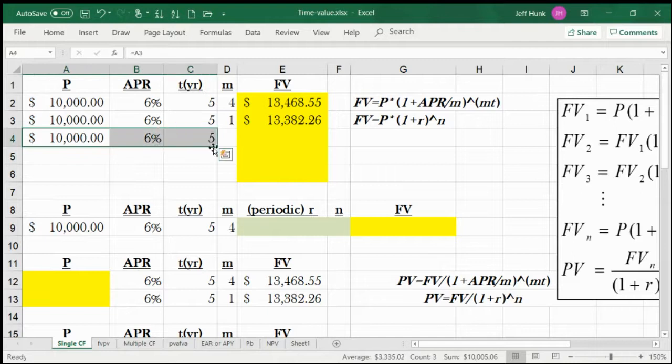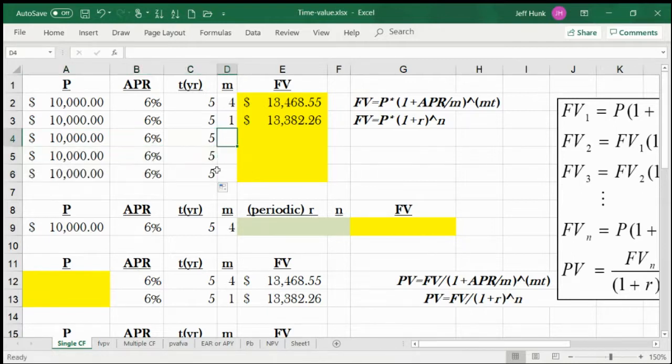Okay, and then let's say I have a couple more problems like this, and each time the compounding frequency is different. What else can it be? Quarterly, monthly, daily.